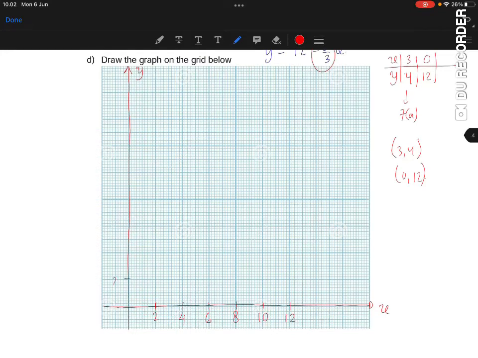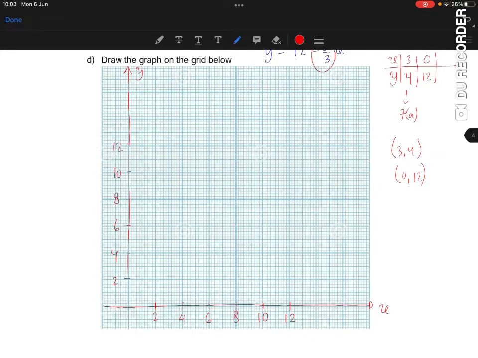Don't forget to label the scaling as well, guys. Last time I saw in your assignment, you just made lines, then drew the graph, but there is no scaling. There's no number on your x-axis and y-axis.